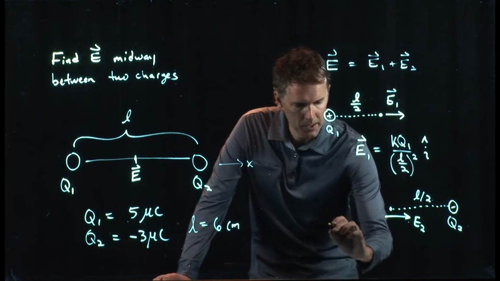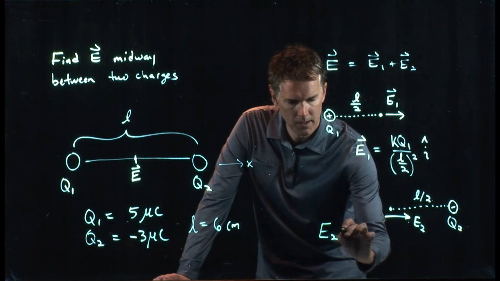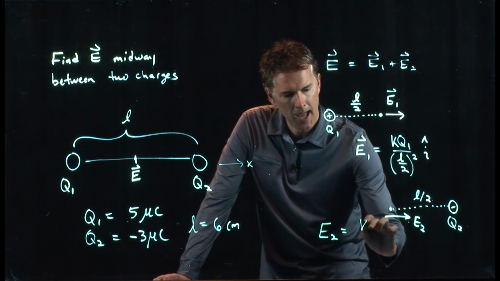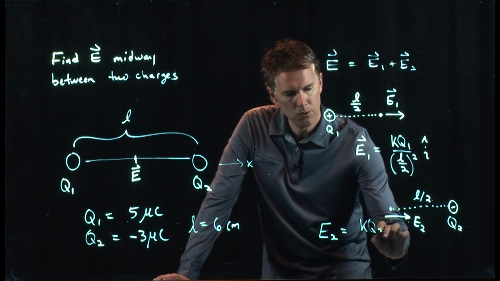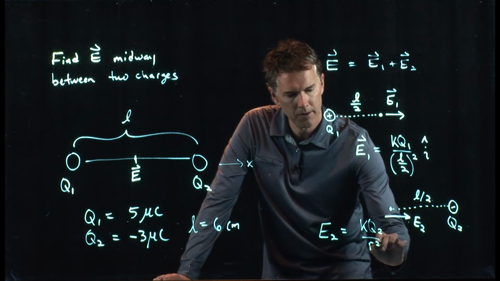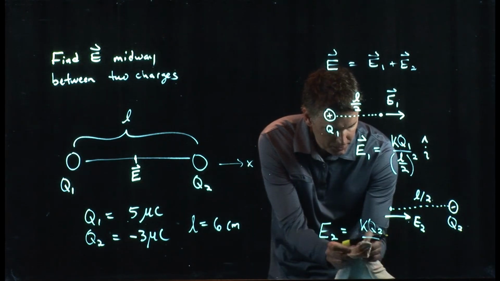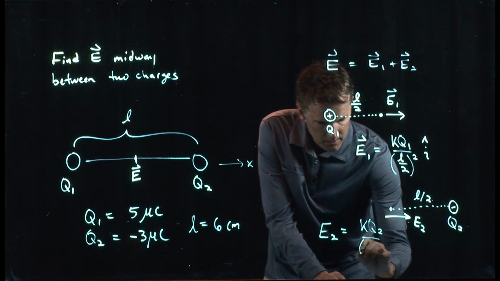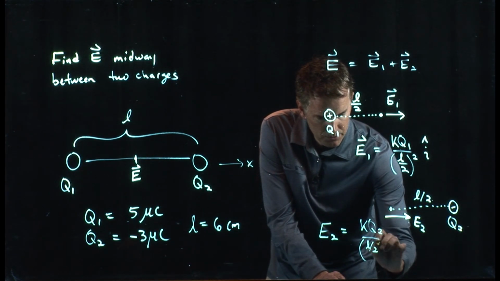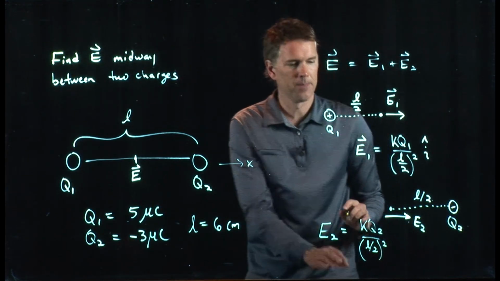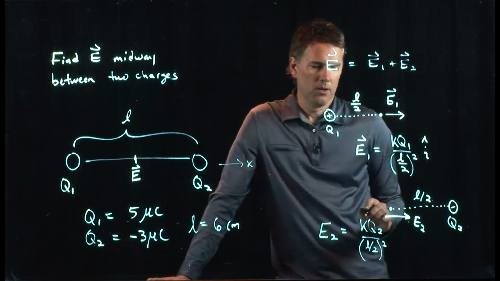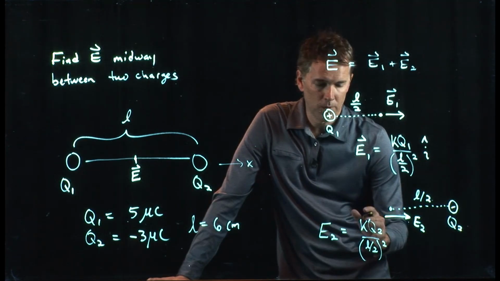And now we know exactly what E2 is. E2 is K Q2 over R squared. And we know what R is. We'll just put that in right now. L over 2 quantity squared. And we know that it's to the right.